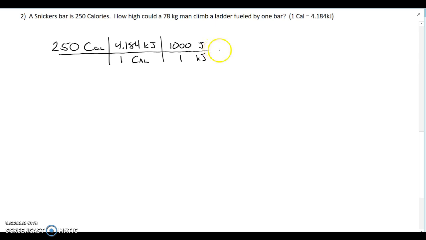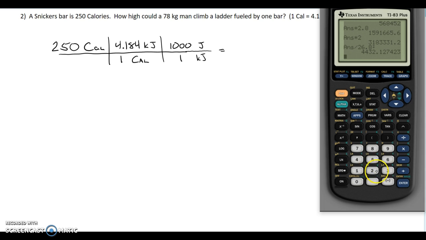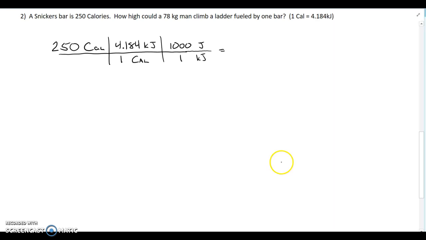So when I do that conversion, I have a certain amount of energy is equal to 250 times 4.184, and I can move the decimal place or multiply by 1,000, and I get 1,046,000 joules. So that's how much food energy our climber has before he starts climbing the ladder.